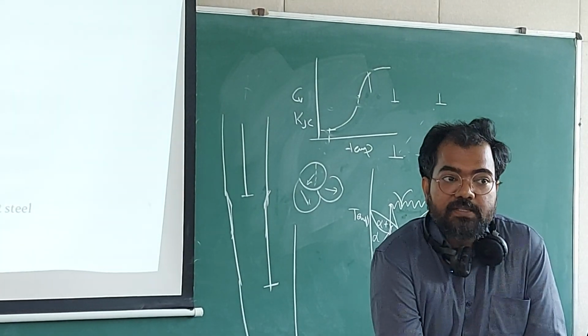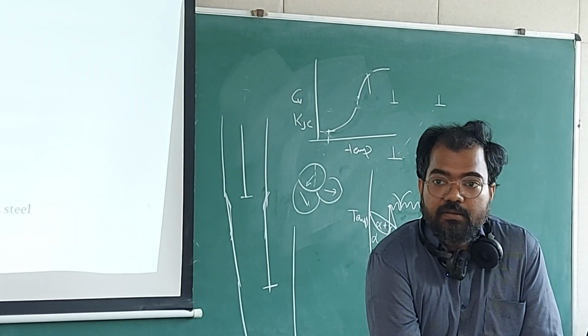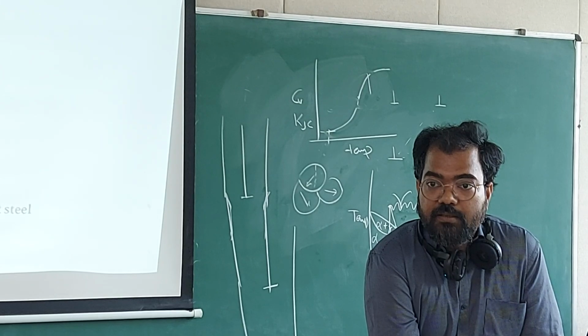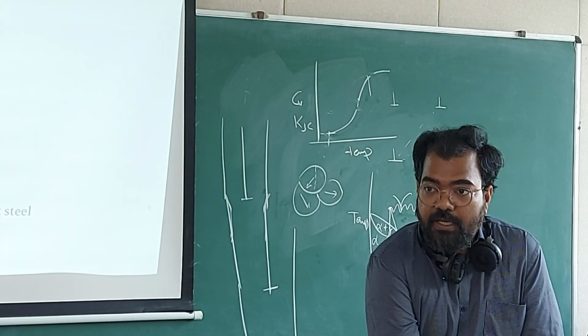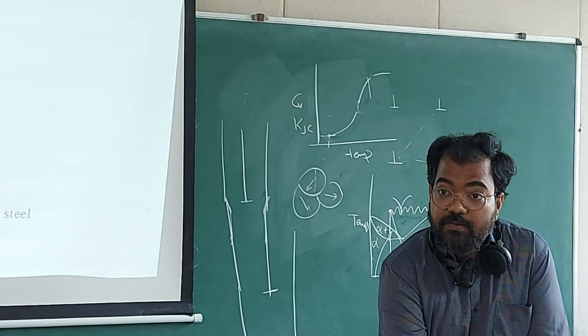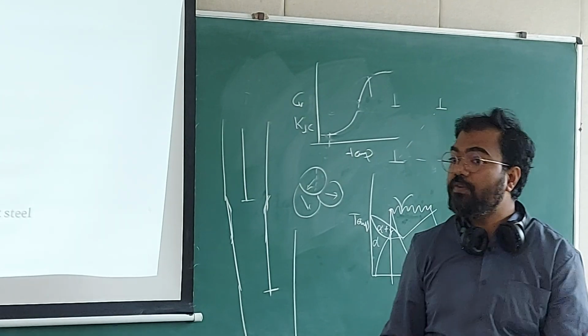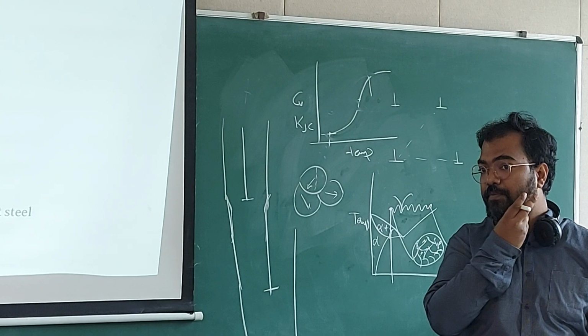That cannot happen. You are supplying energy to the system. The system cannot just keep on growing and evolving. So the damage does get accumulated, and then it doesn't come to the surface, it breaks from inside, and there they have found a different fracture surface signature, which is called fisheye.